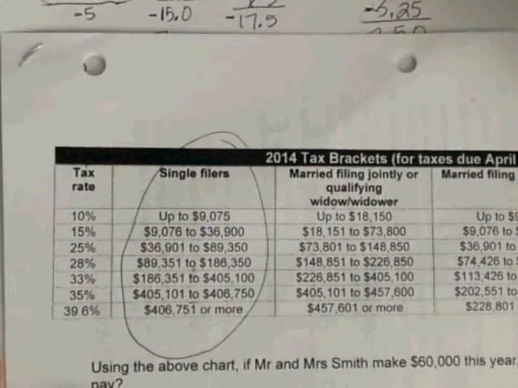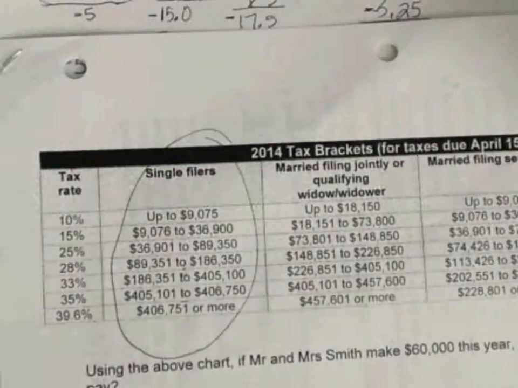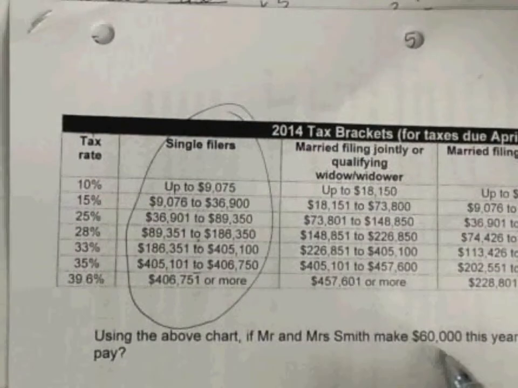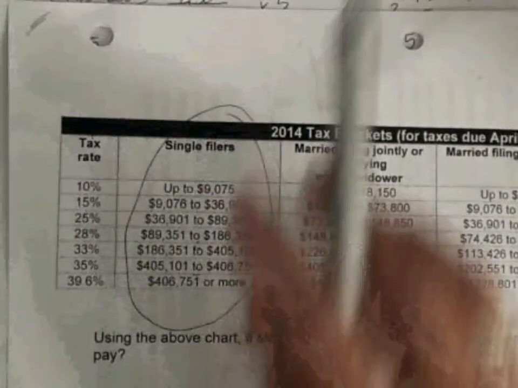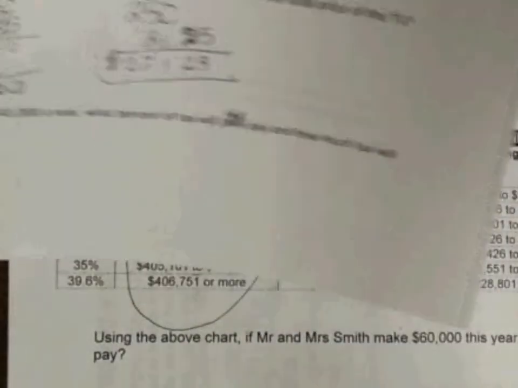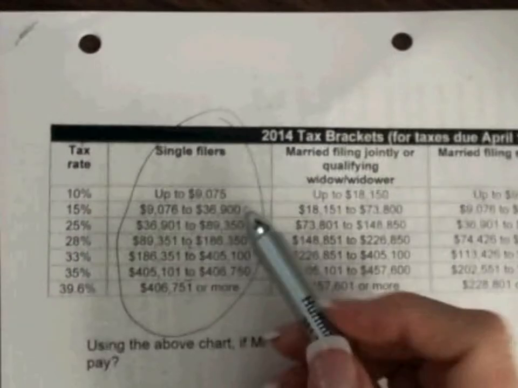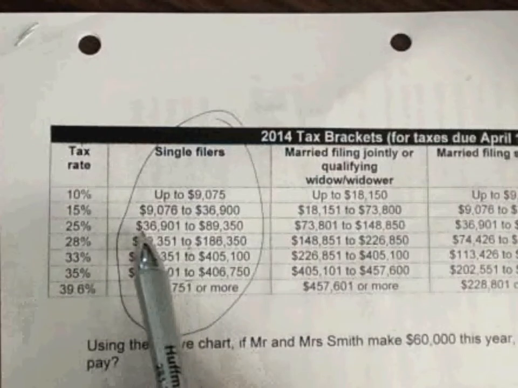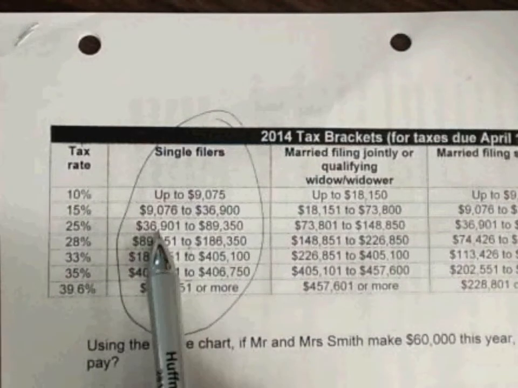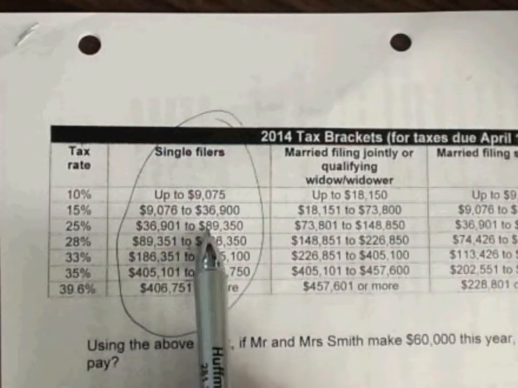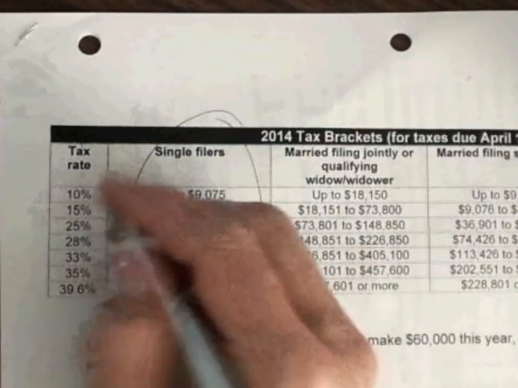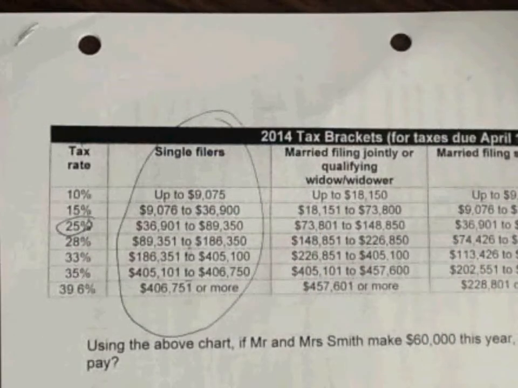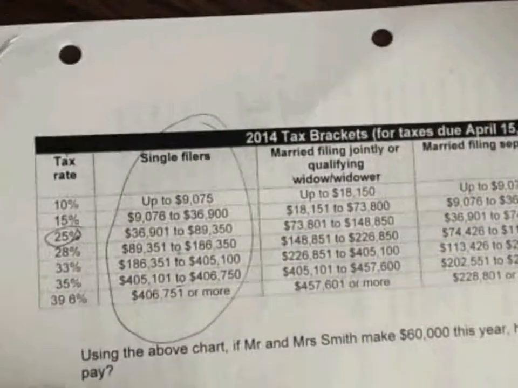We're going to look at that. She makes 45, so we have to find where she makes 45. And it's between 36,901 and 89,350. We go over and see what she's paying. She's paying 25% income tax.